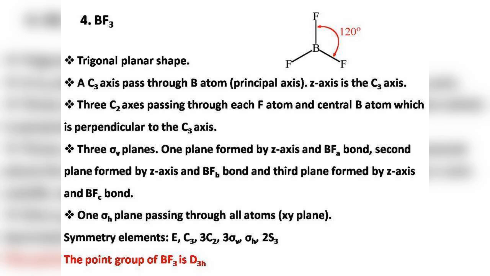One σh plane passing through all the atoms, that is in the XY plane. The symmetry elements are E, C3, 3C2, 3σv, σh, 2S3. Therefore, the point group of BF3 is D3h.